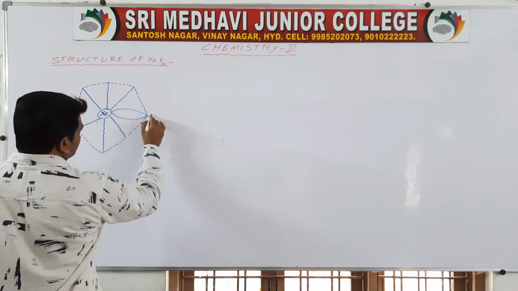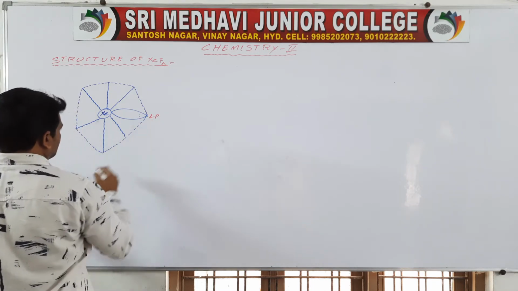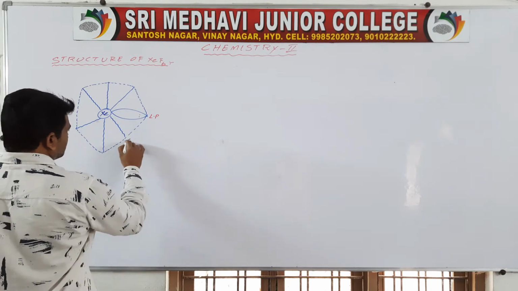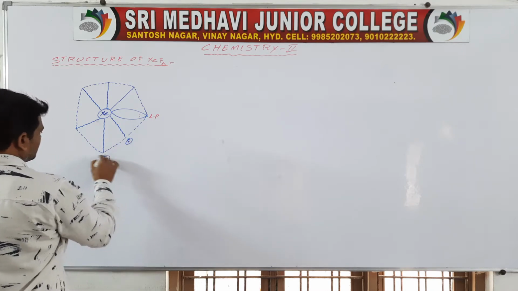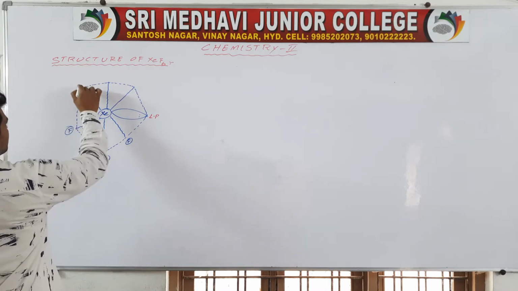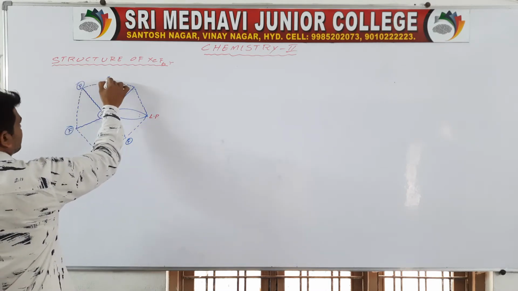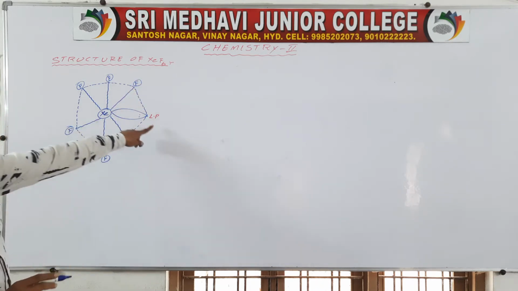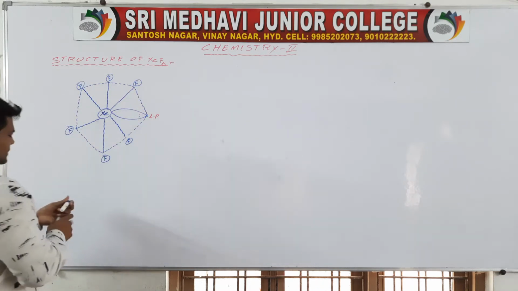It is a lone pair. So the remaining all these are bond pairs. So fluorine, fluorine, fluorine, fluorine, fluorine like this. It is a lone pair, remaining all are bond pairs.